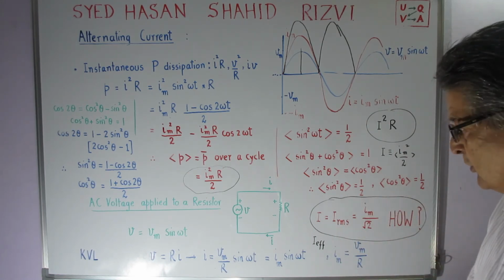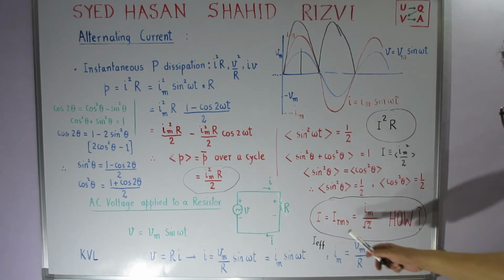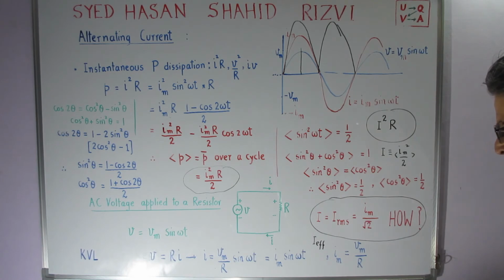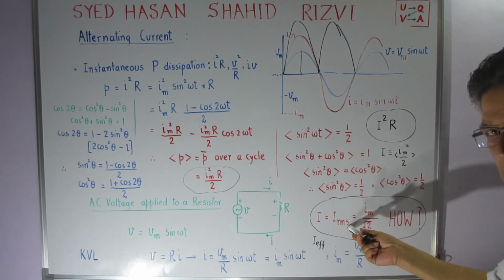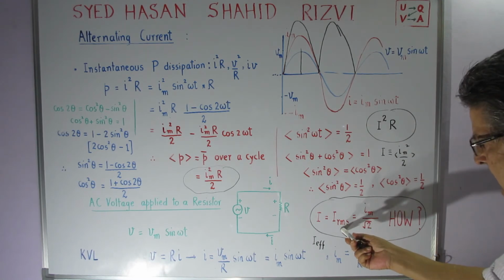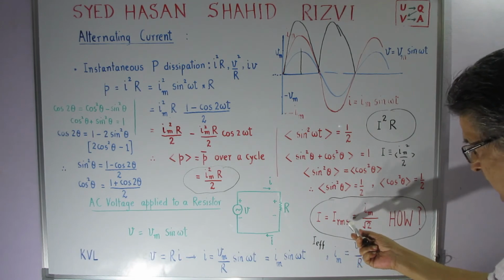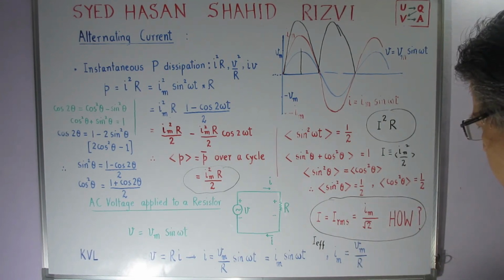I'll tell you why it is RMS. RMS stands for root mean square, but it is done in the reverse process. First of all, we take the square, then we take the mean, and then we take the root. I defined this to you in the case of RMS velocity while dealing with the kinetic theory of gases.